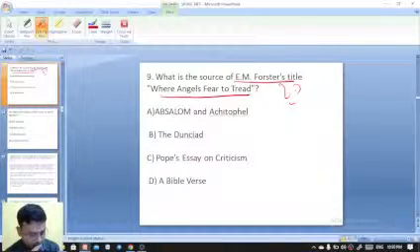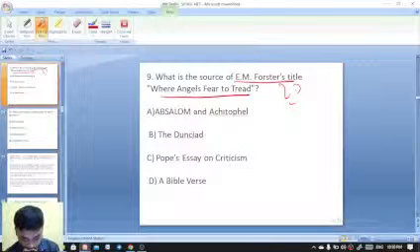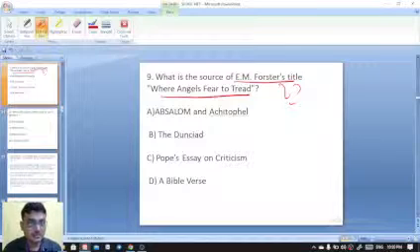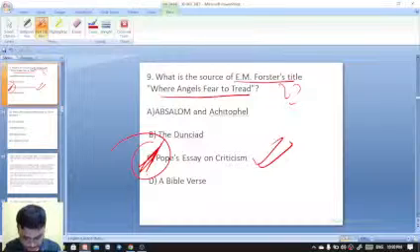Apart from Subhranshu, Beauty and Saurav, what about Anindita and Surita? Not sure, okay. So E.M. Forster's novel Where Angels Fear to Tread has its title taken from Alexander Pope's Essay on Criticism. Essay on Criticism is the right answer.